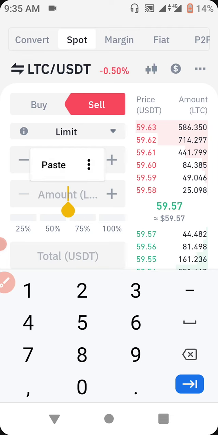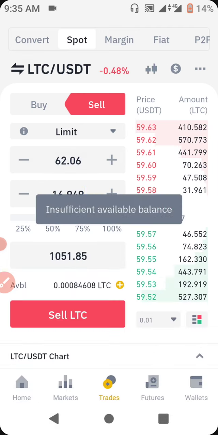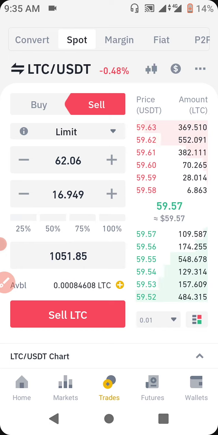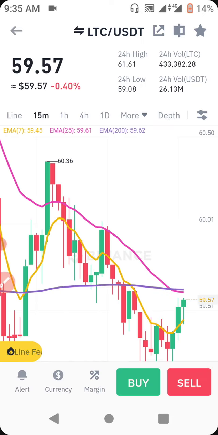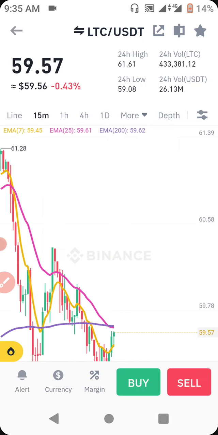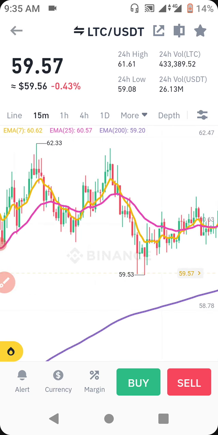If we put in our LTC amount, we'll see we'll be making a profit of $51.85. And this is likely to hit here pretty soon.